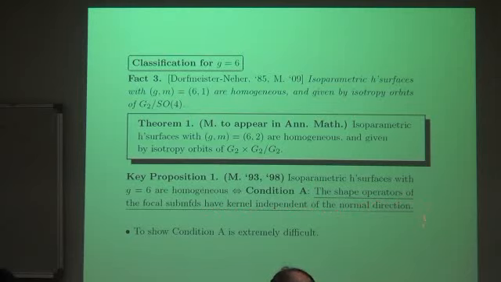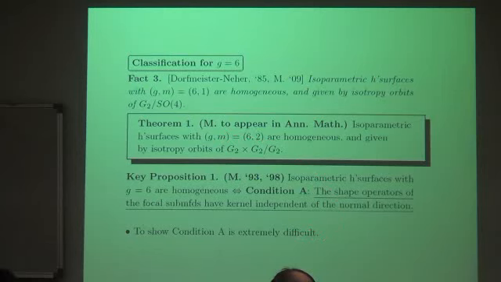So it is known that the shape operator of the focal submanifolds has constant eigenvalues. However, the eigenspace changes with respect to the normal direction. So condition A says that the zero eigenspace, the kernel, does not change with respect to the normal direction. This is condition A. However, to show this condition A is extremely difficult, especially for the case m equals 2.